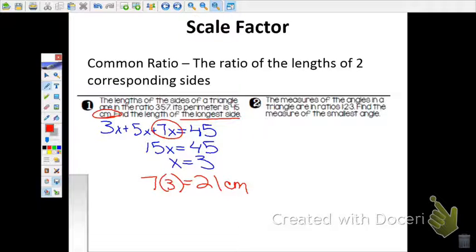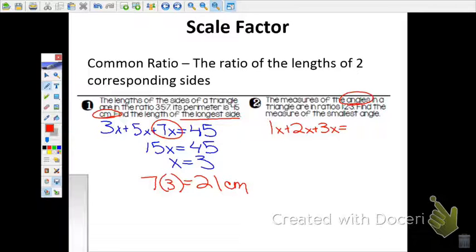Number 2 says the measures of the angles in a triangle are in the ratios of 1 to 2 to 3. Find the measure of the smallest angle. So what's going to be my equation for this one? 1x plus 2x plus 3x equals 180.